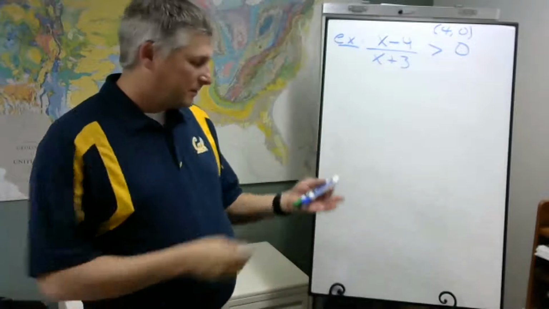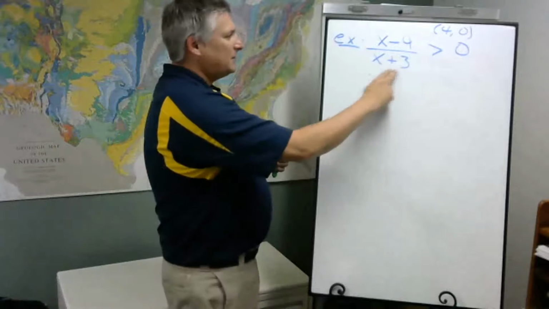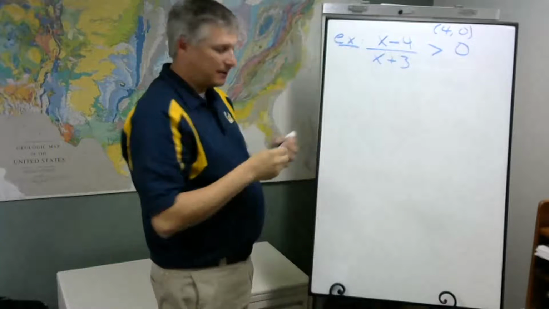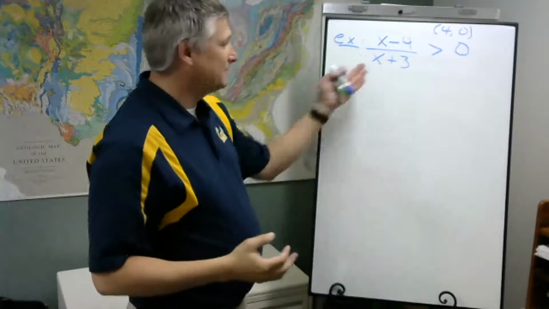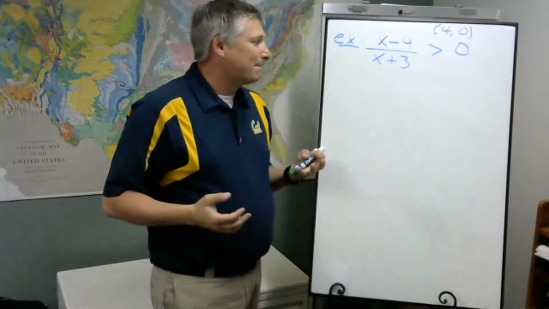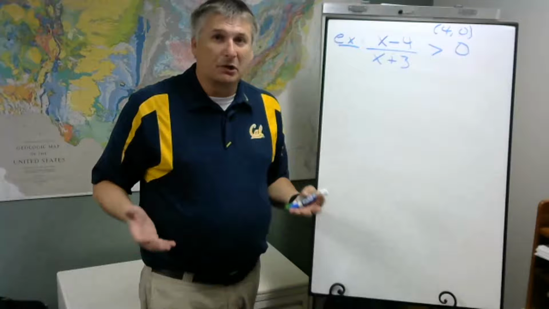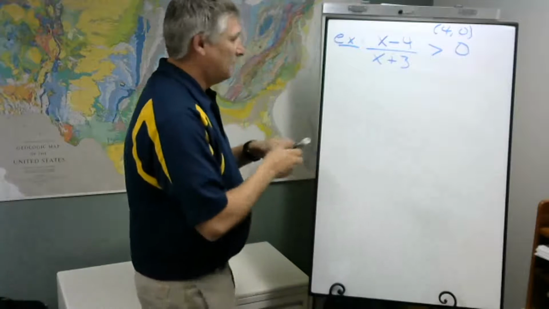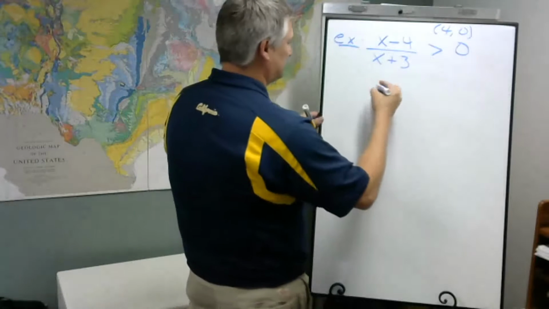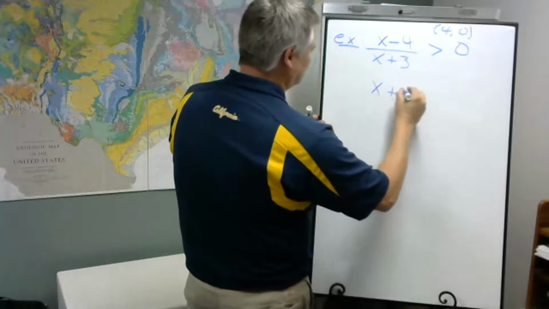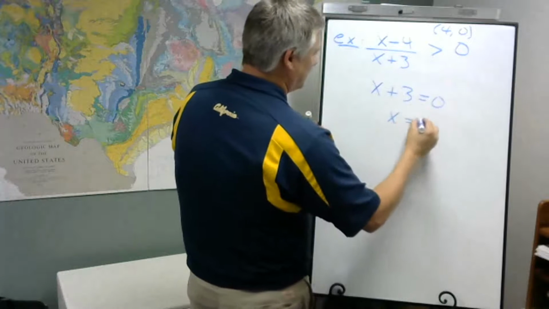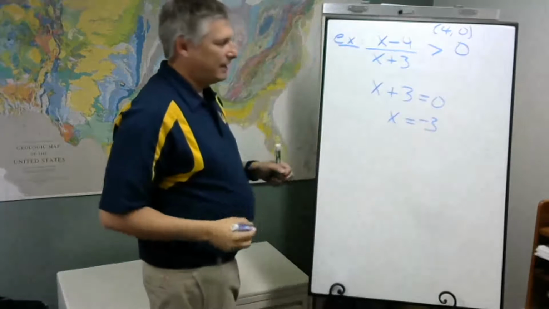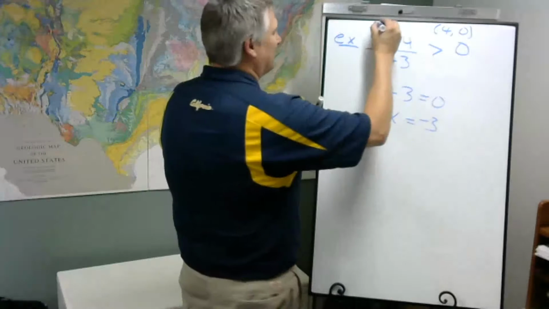Now for vertical asymptotes. Well, this isn't going to cancel with anything up here. So this will be a factor that could become 0 that's going to stay there. And I want to find out where this occurs. So we're going to find a vertical asymptote at x equals -3.